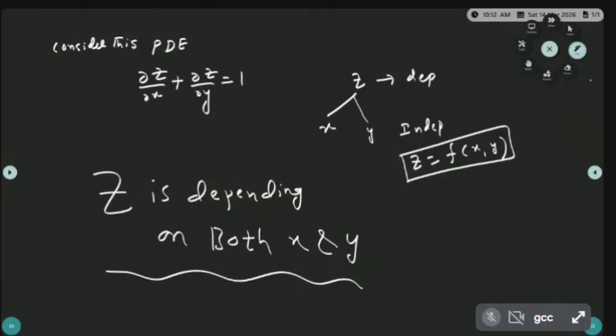Z is common to x, z is common to y. See, it is like a parent to the children. Z is a parent to the children. Here, what are the children? X comma y. Who is the parent? Z. Z is a parent of the two children, x and y. Z is common to x and y.